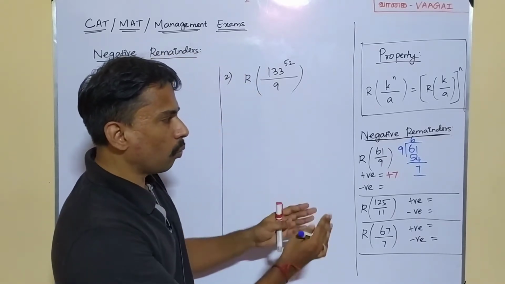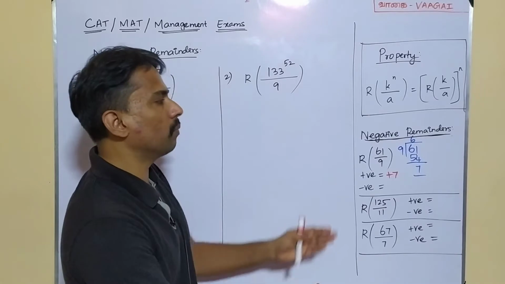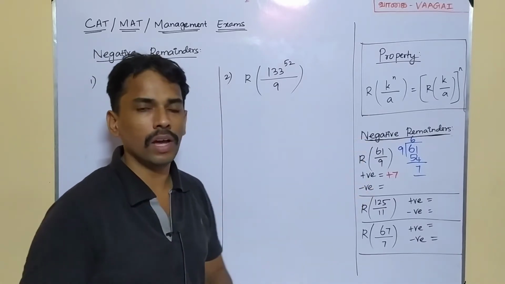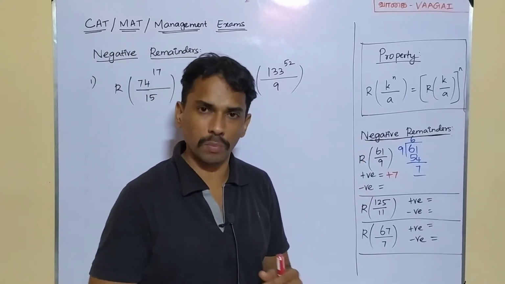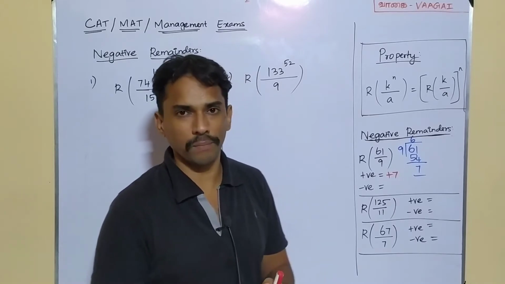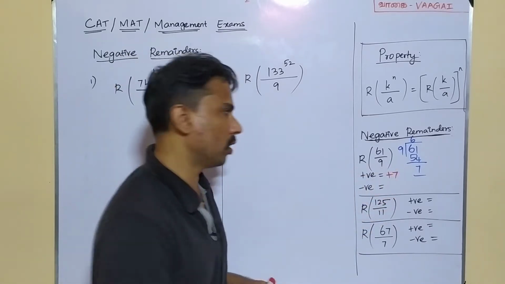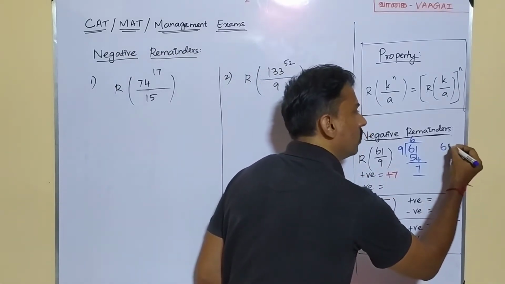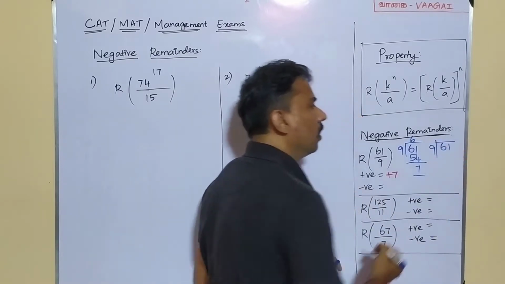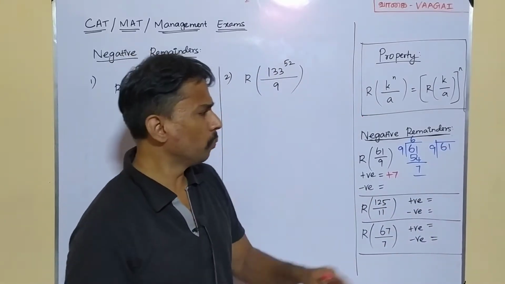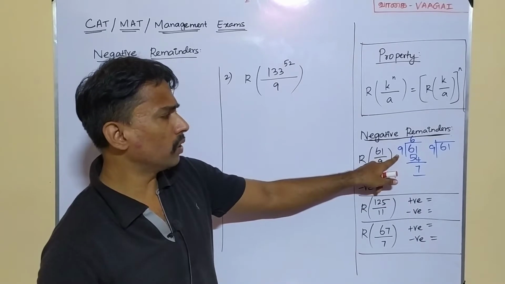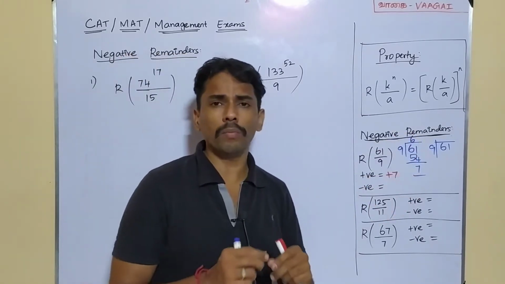In order to find the negative remainder when you divide 61 by 9, I should do the same division process in a little different way. Previously we went up to 9 sixes are 54.